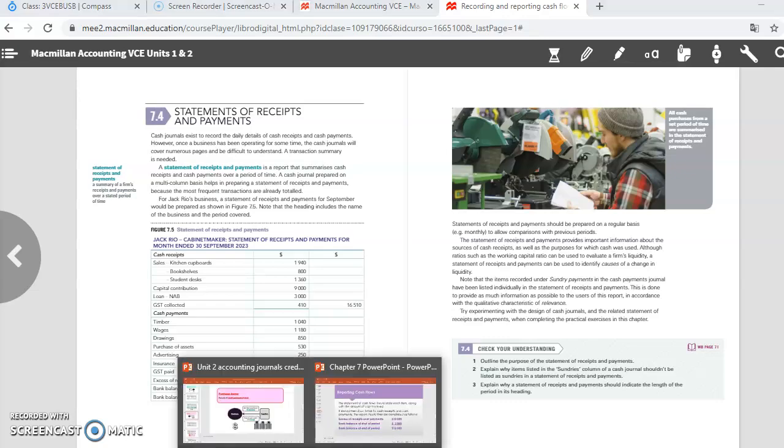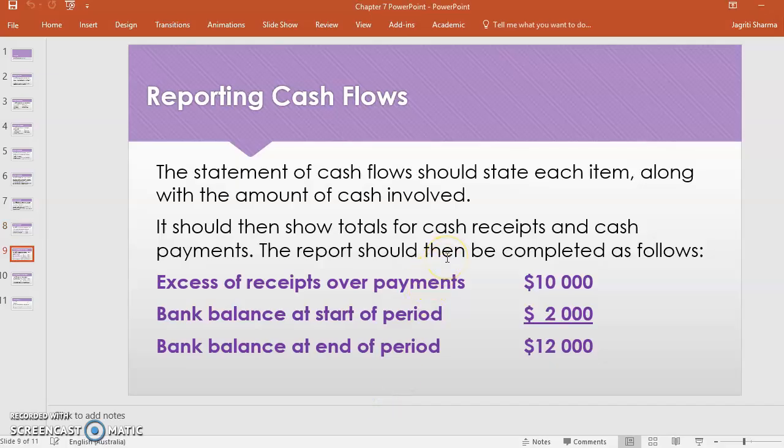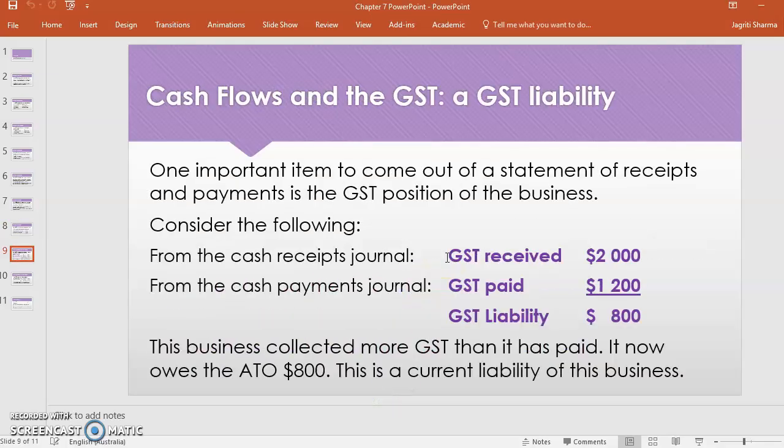The next thing I want to show you is the GST. Now, cash flows and the GST liability. The important thing to come out of a statement of receipts and payments is the GST position of the business. Consider the following.